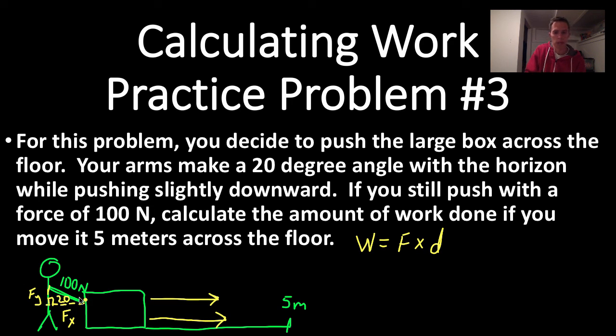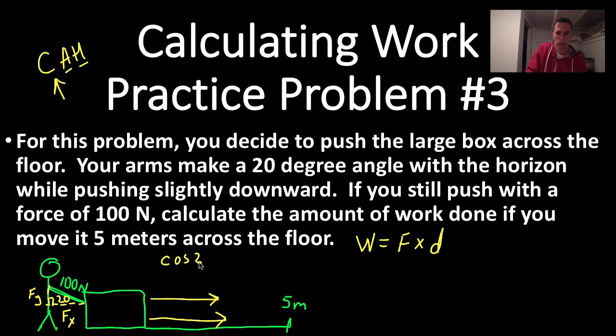And so let's use our knowledge of trig to solve for Fx. It looks like, again, we have an adjacent side and we have a hypotenuse. And so if you think of SOHCAHTOA, we're going to use the CAH part of that because we have an adjacent and a hypotenuse. So we're going to stick again with cosine. And so let's solve that.